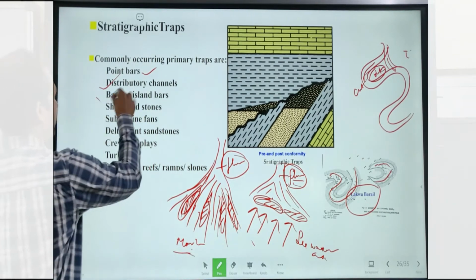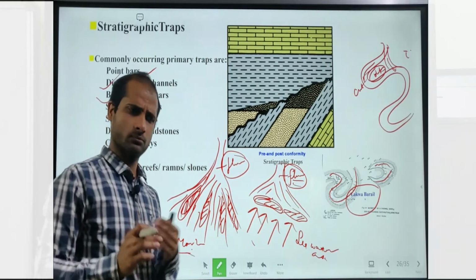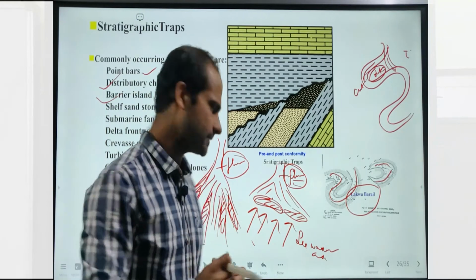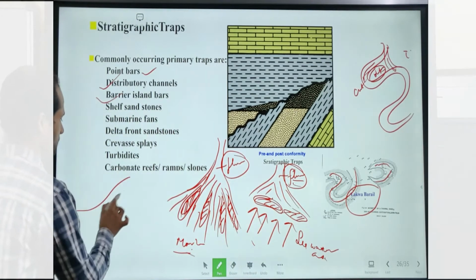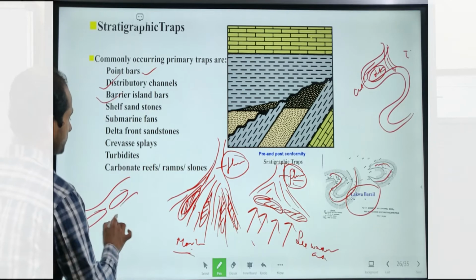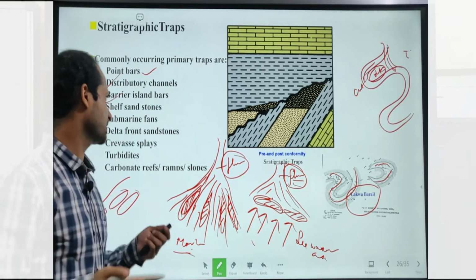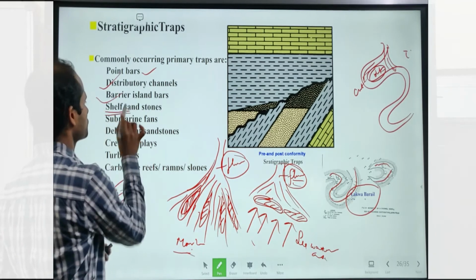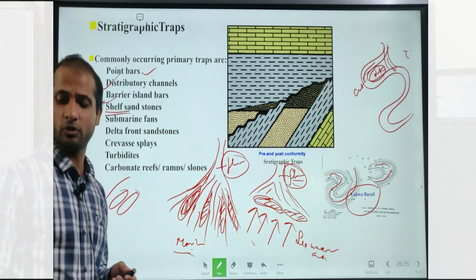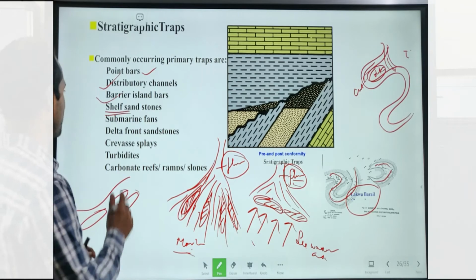Okay, barrier islands are associated with coastal lands. On the coast we get the deposition of sandbars. Shelf sandstone, as the name indicates, is usually deposited on the shelf area.